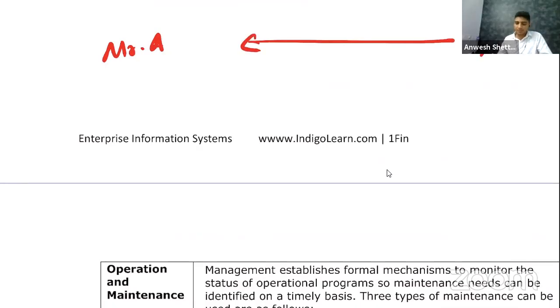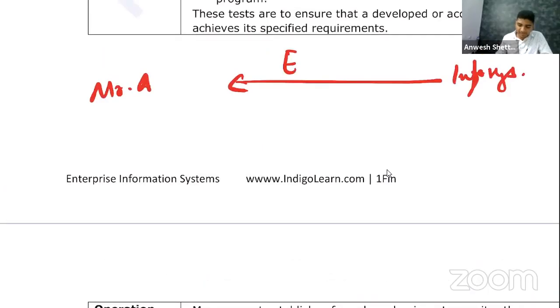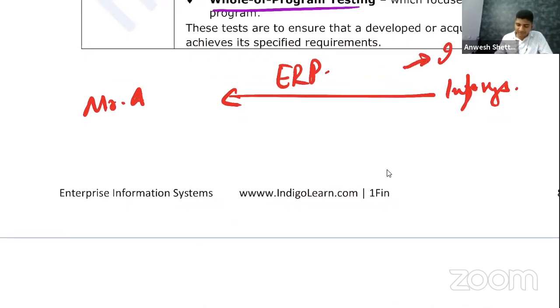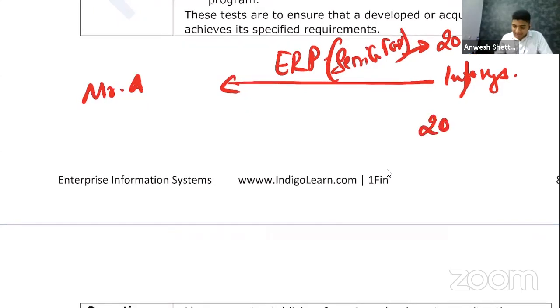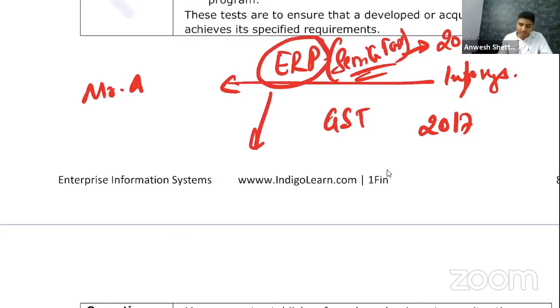Infosys is giving an ERP system to Mr. A. Now, they did this ERP somewhere in 2016, when there was, let us say, service tax. But in 2017, service tax was replaced with what? It was replaced with GST. Now, the ERP has only which module? It has only the service tax module. Now, in 2017, Infosys should change this service tax module into a GST module.